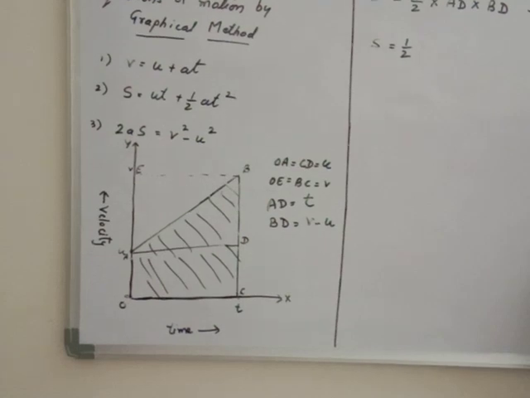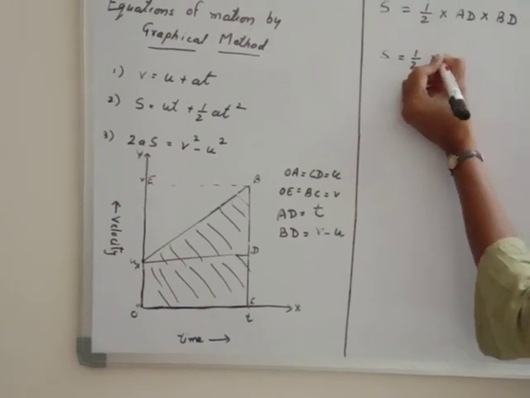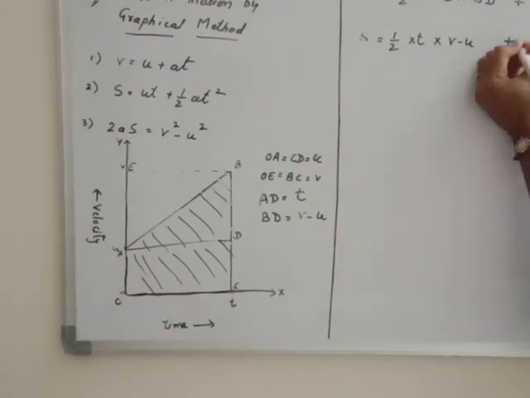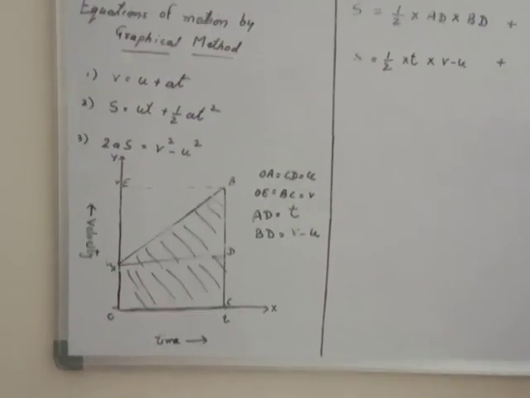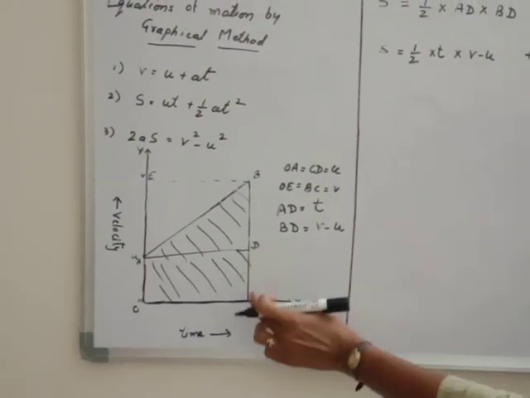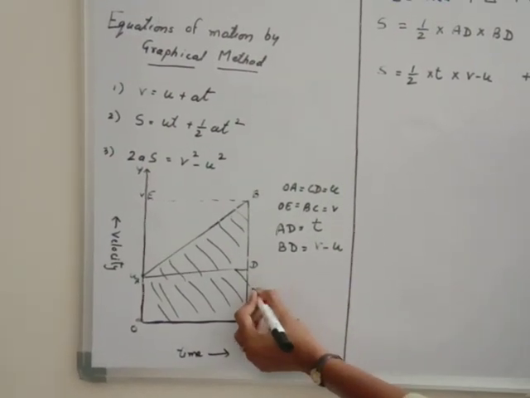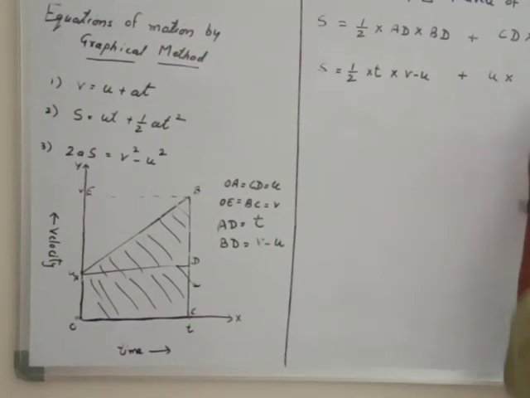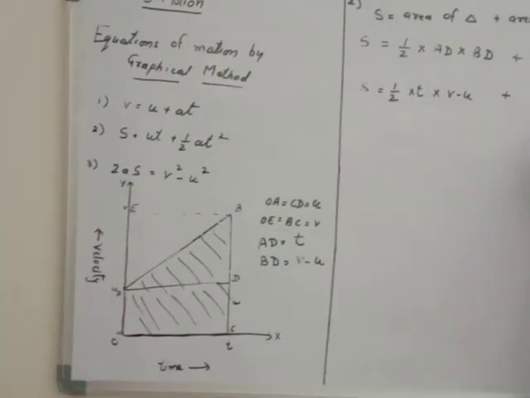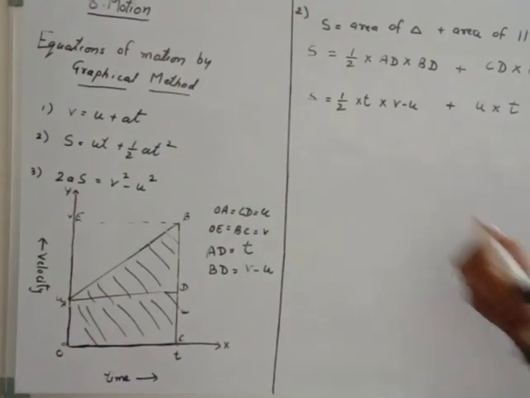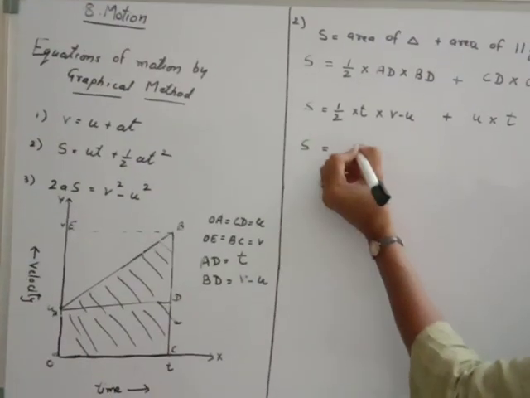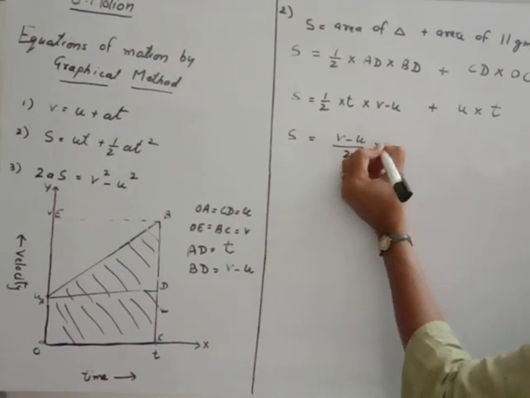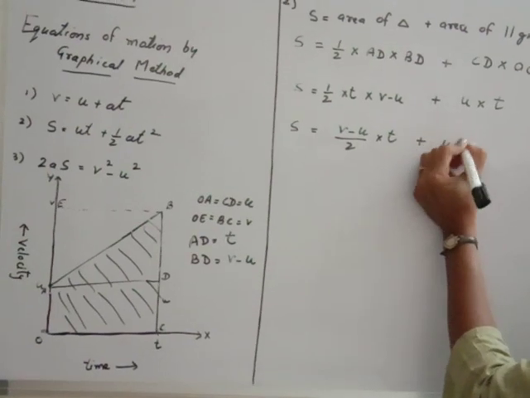Now I will put all these values. So AD is t and BD is v minus u, plus CD is u, into OC, which is t. Now I will get s is equal to v minus u by 2 into t plus ut.